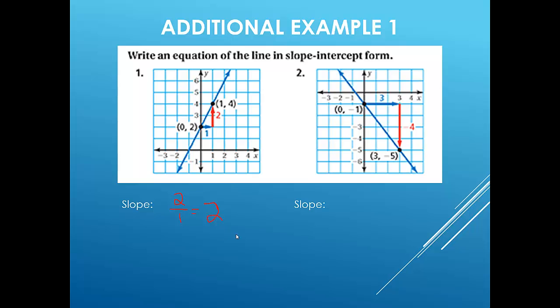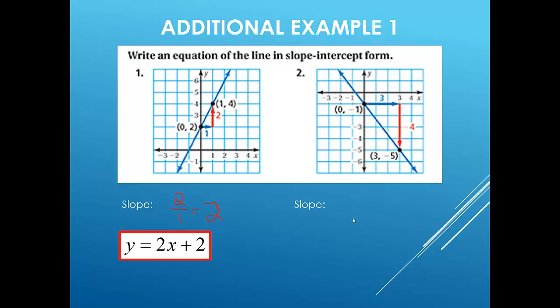Our y-intercept is 2 because the line crosses at (0, 2). So now our equation is y equals 2x plus 2. Our slope was 2, and our y-intercept was also 2.